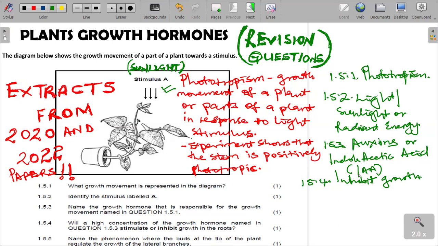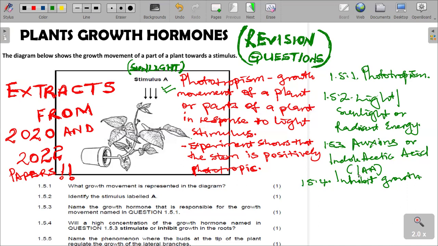The root bends downwards because there is a higher concentration of auxins on the lower side of the root, which inhibits growth there. Hence, the upper surface of the root grows faster than the lower surface, resulting in the root bending downward.